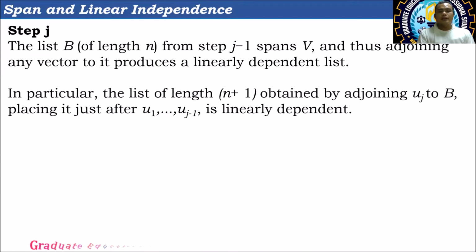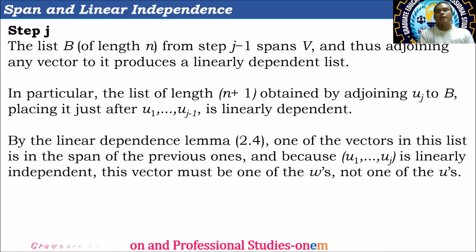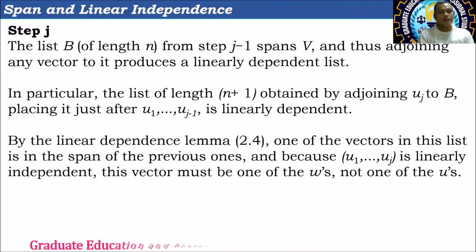In particular, the list of length n plus 1 obtained by adjoining uj to B, placing it just after u1 to u_{j-1}, is linearly dependent. So by the linear dependence lemma again, 2.4, one of the vectors in this list is in the span of the previous ones.